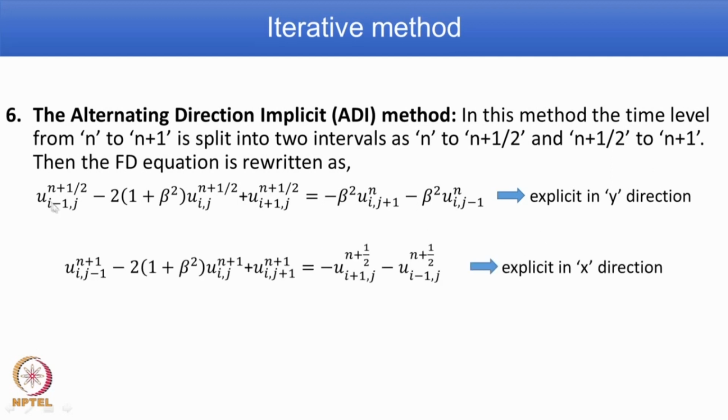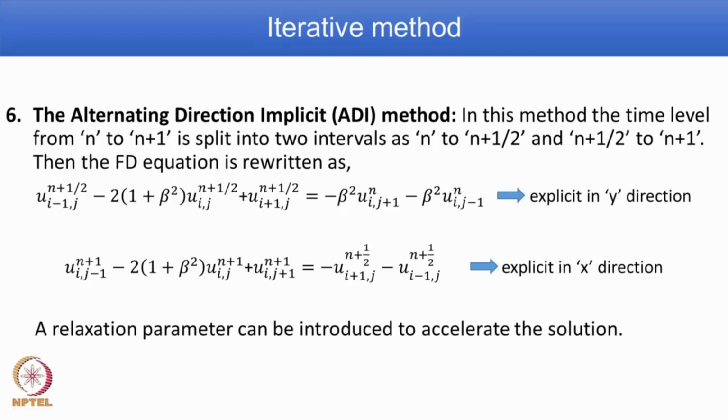In the next stage, the n plus half value is known and it is explicit in the x direction, so it is taken to the other side, and implicit in the y direction, that is taken on the left side. We already learned this is usually applied for a pentadiagonal matrix, and by applying this ADI procedure it gets reduced into a tridiagonal matrix, and it is possible to apply the TDMA procedure to get the solution.